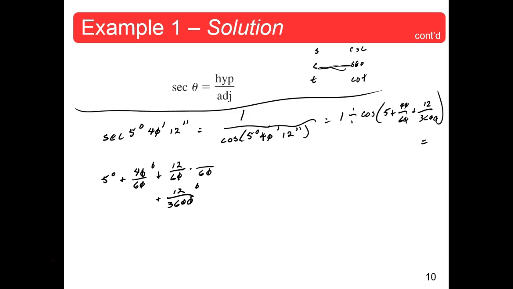You get an answer? Say again? I can't hear. Sorry, I don't know how to put my calculator in degree mode. Oh, okay. You probably already do, but you can see that doesn't seem to be the right one.